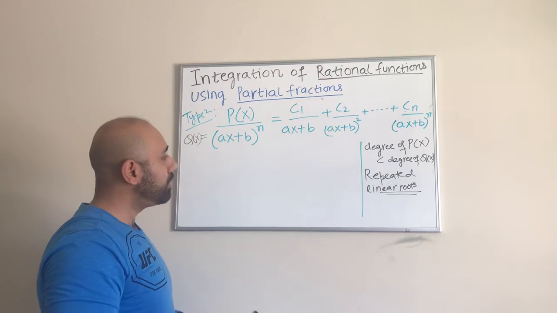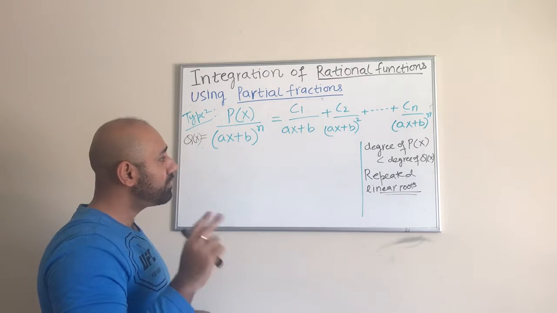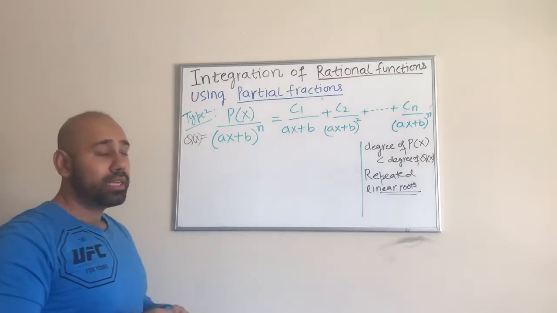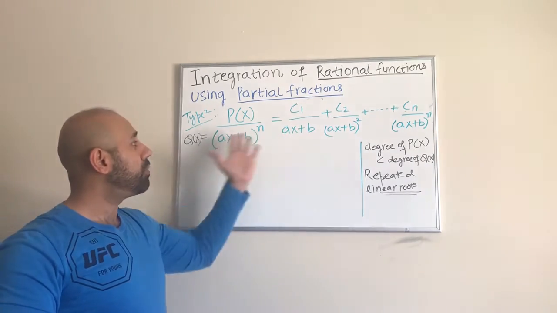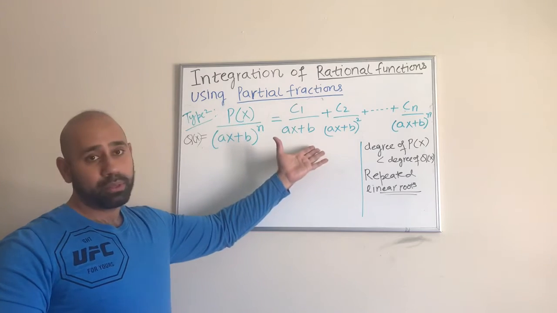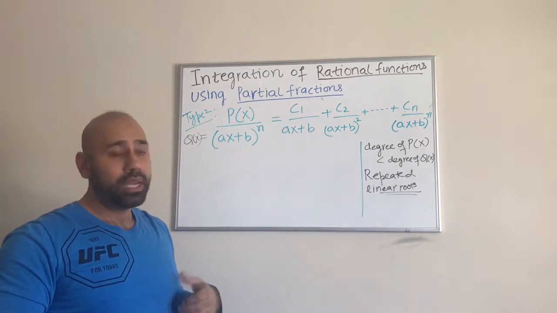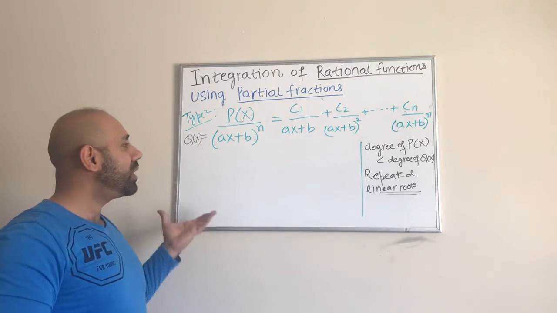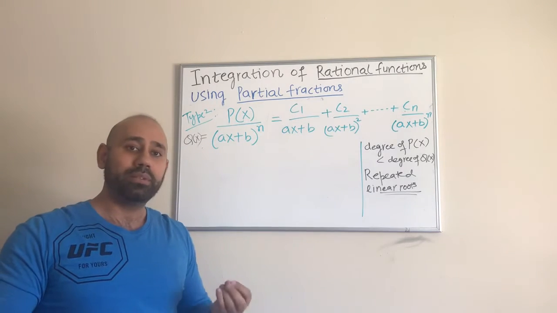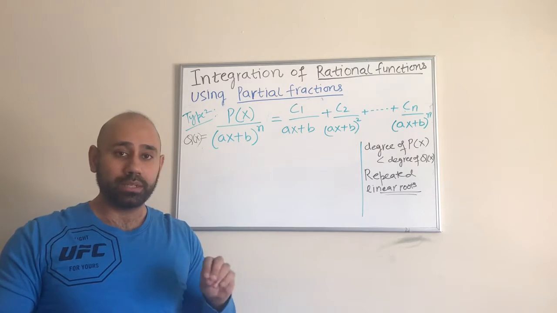So that's why it's raised to the power n. So it has to satisfy two conditions for us to write the partial fractions in this form, or break this as a partial decomposition like you see on the right hand side. Okay, so guys, now I'm going to illustrate this or use it on some examples, and it will make more sense when we apply it to particular examples.